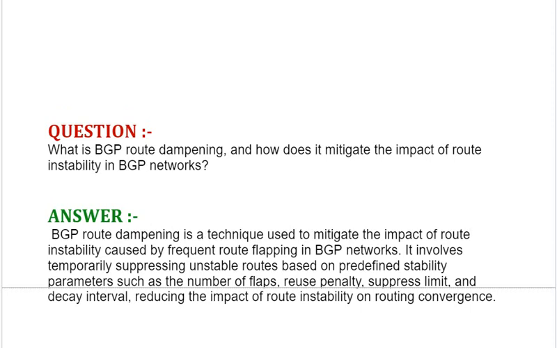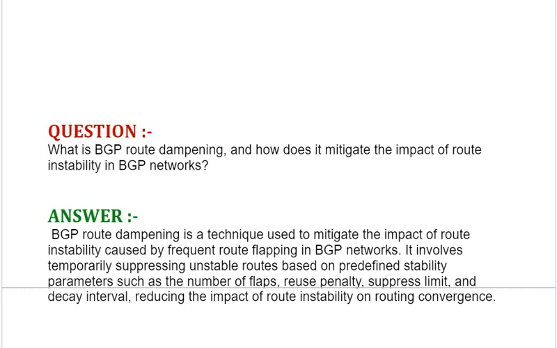Our next interview question is, what is BGP route dampening and how does it mitigate the impact of route instability in BGP networks? Your answer should be, BGP route dampening is a technique used to mitigate the impact of route instability caused by frequent route flapping in BGP networks.